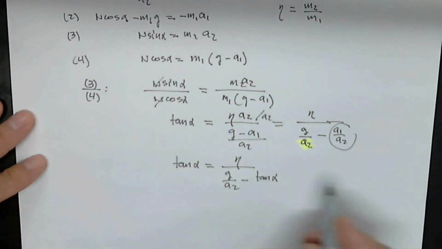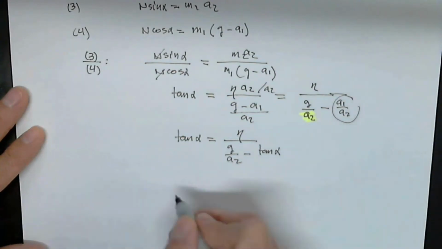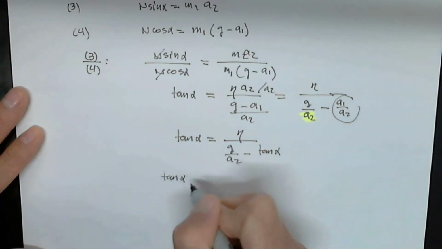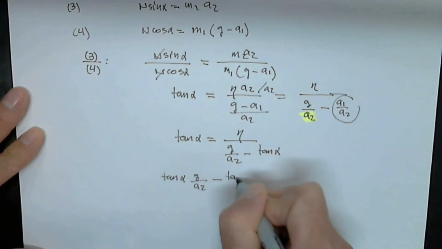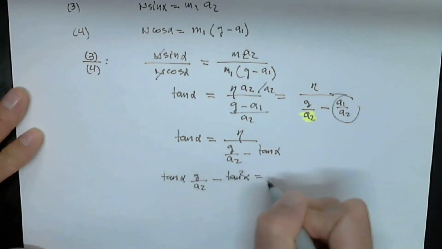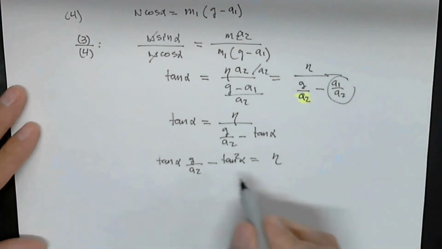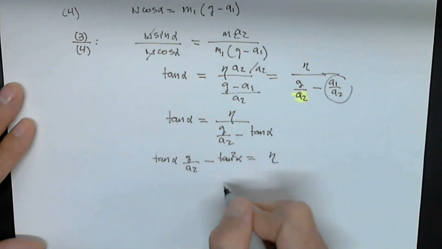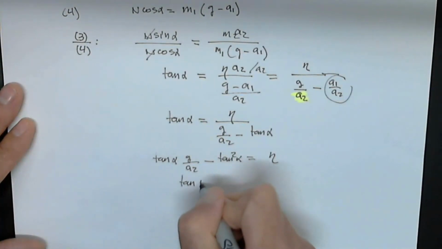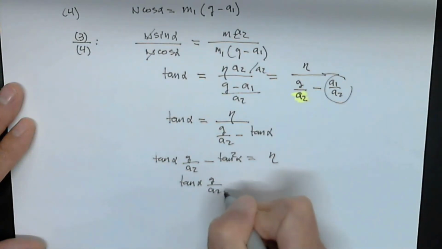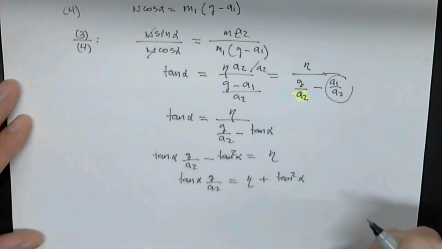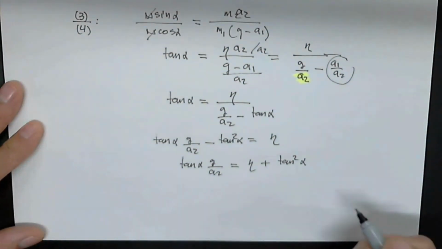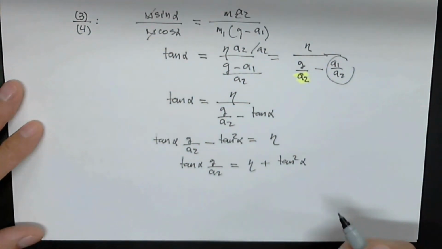Now I cross multiply, move this to the other side, and divide by tangent.